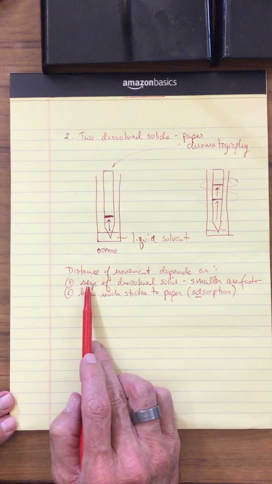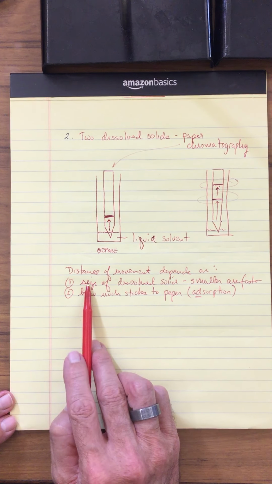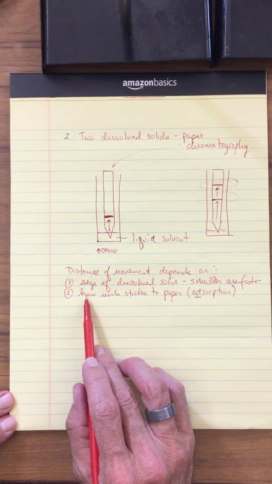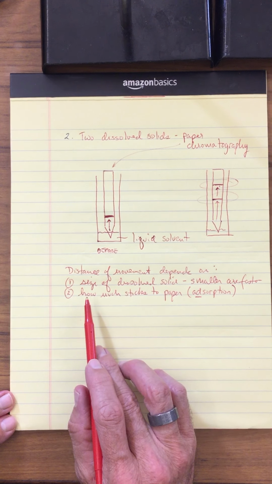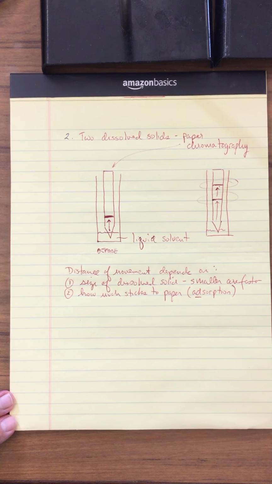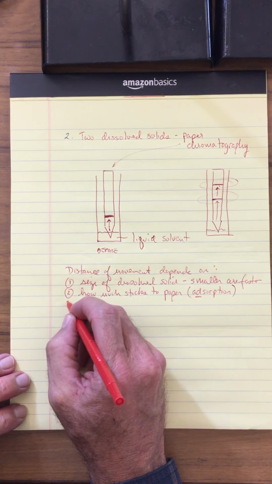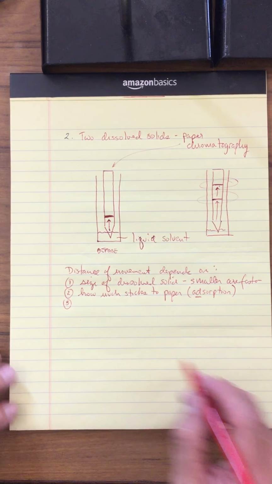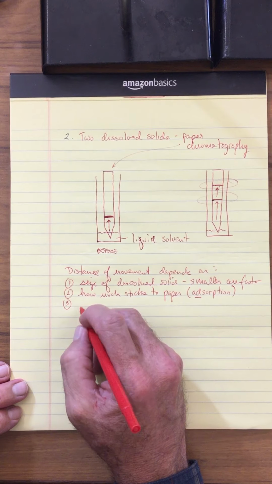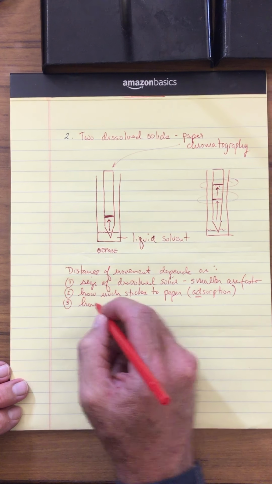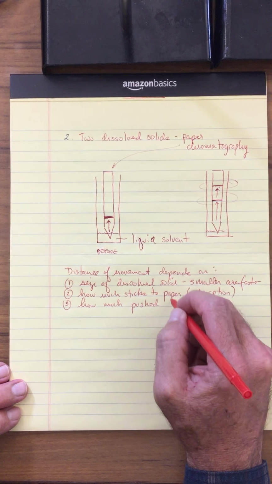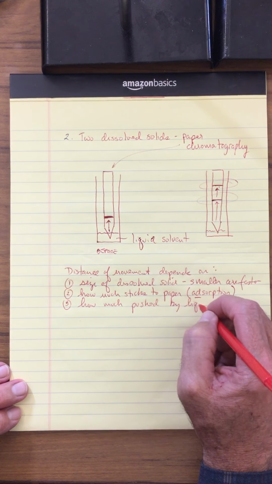So the first is based upon size. Smaller will be able to easily get through the tunnels of the paper. But this is chemically, how much is it going to stick to the paper? And the third one is the solvent that's being used, this liquid. It's going to be how much it's pushed by the liquid. How much it's pushed by the liquid solvent.